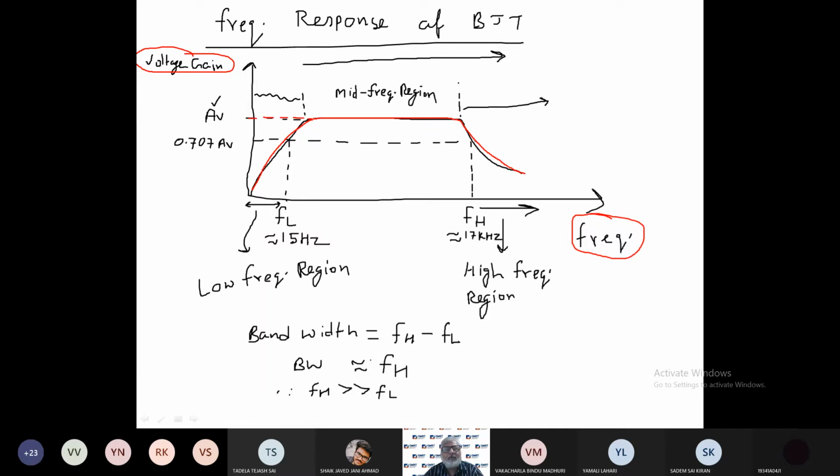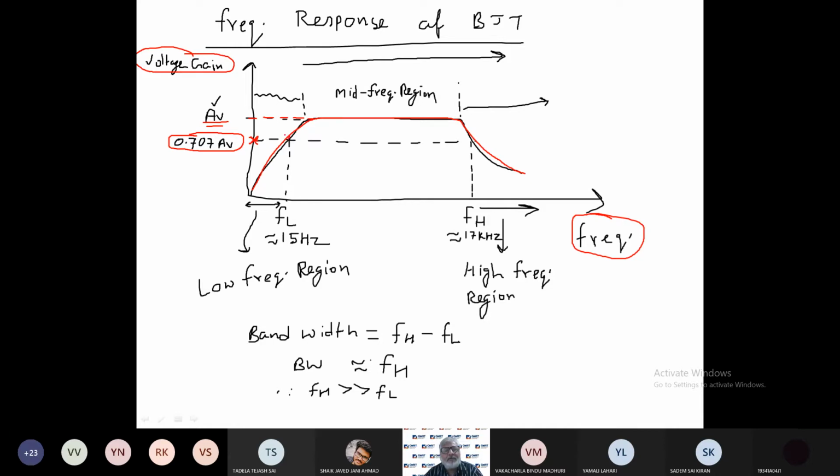Maximum value of this voltage gain, we write it as AV. Now the value where the AV is 70.7% of the voltage gain, that is 0.707 AV, at this point is the 70.7% of voltage gain.